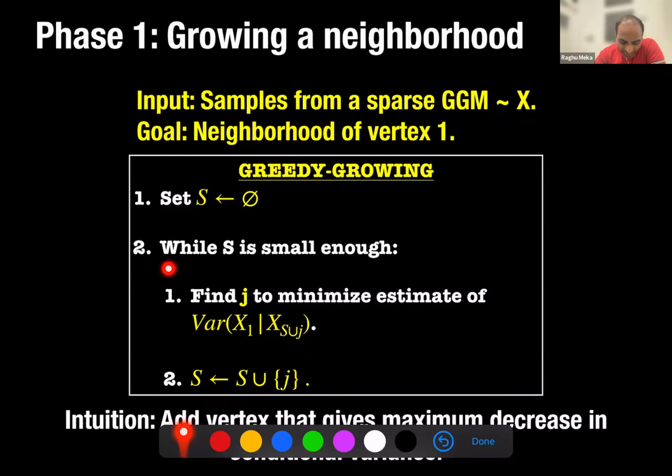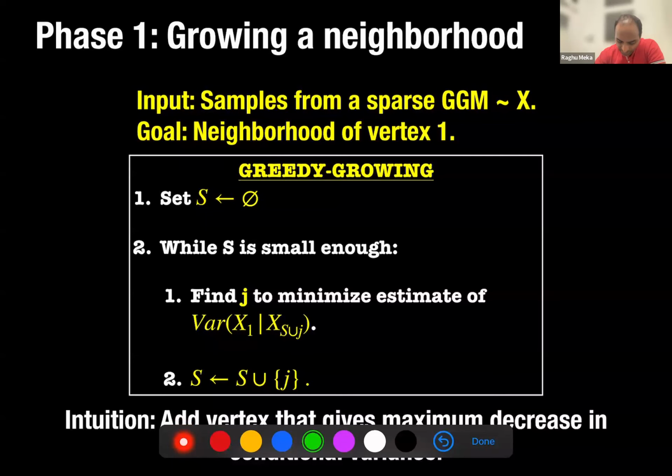And while the set S is small, I am going to do the following. I'm going to pick a vertex J that gives me the most bang per buck in terms of reducing the variance in X1 given that vertex's value.